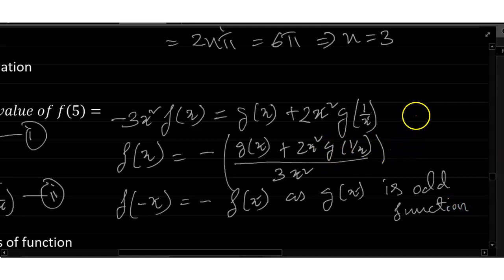So therefore f(x) equal to 0, so f(5) equals 0.